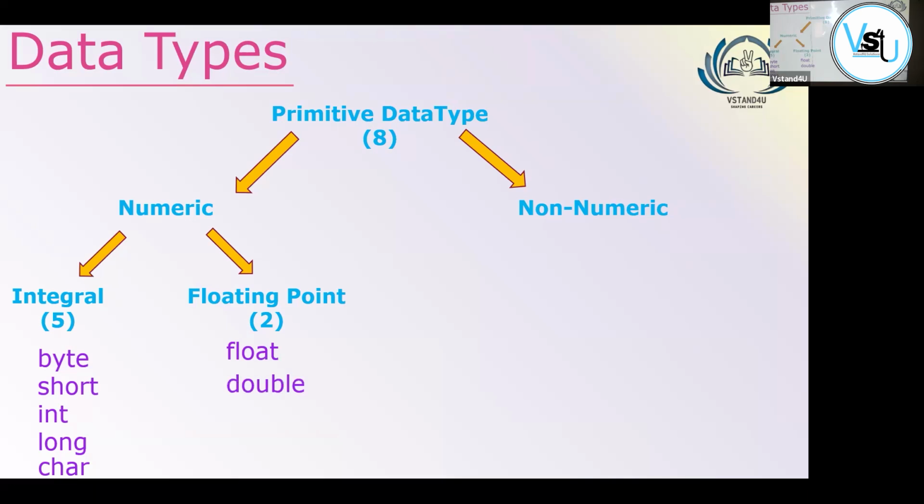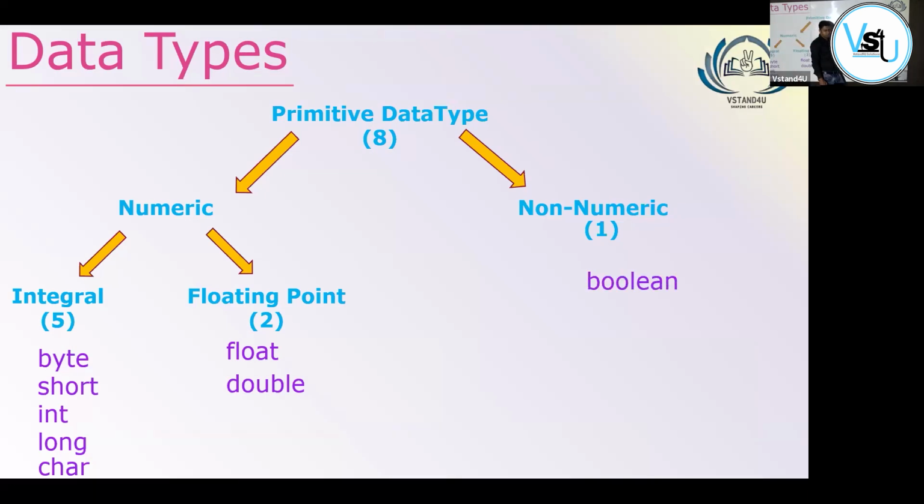There are 2 given. Why are 2 given? That also we will discuss when I talk about floating point literals. Literals means values. For character literals, I'll tell you why character is considered a numeric data type. For floating point literals, I'll tell you why 2 are given, why not only 1, and why 4 are given for integers, why not 1. All the questions I'll keep covering moving forward.